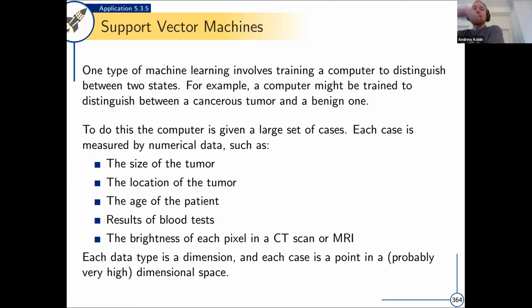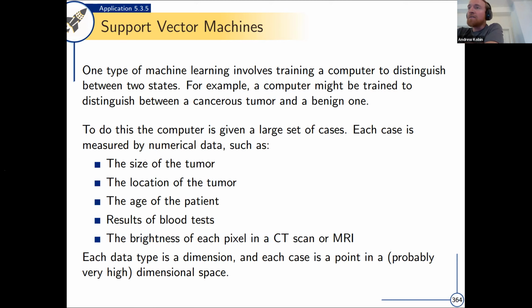But for an example where a computer might be able to distinguish between states, we might train a computer on images of cells and train it to distinguish between cancerous cells and benign cells, or cancerous tumor cells and benign tumor cells. These are not just any type of cell in the body, but we'll want to train a computer to distinguish between these in order to predict if a particular cancer is malignant or benign.